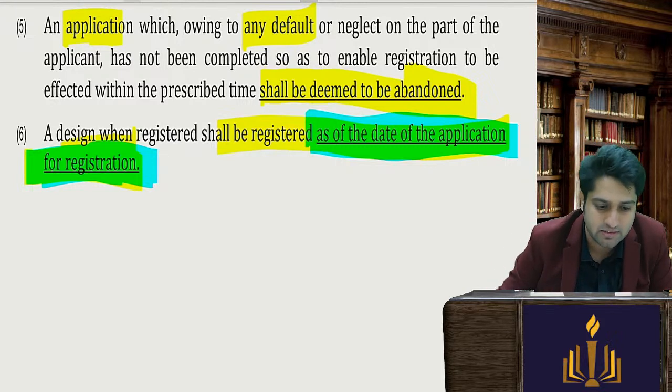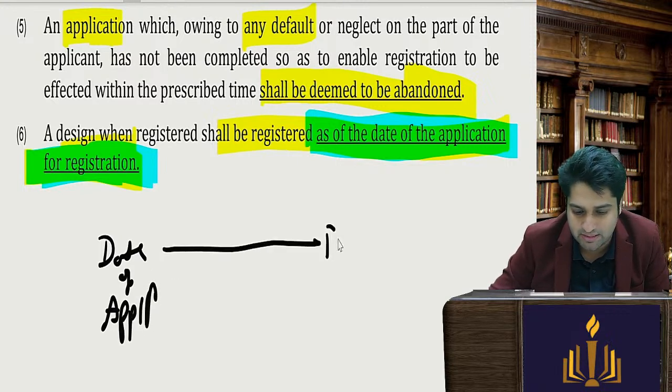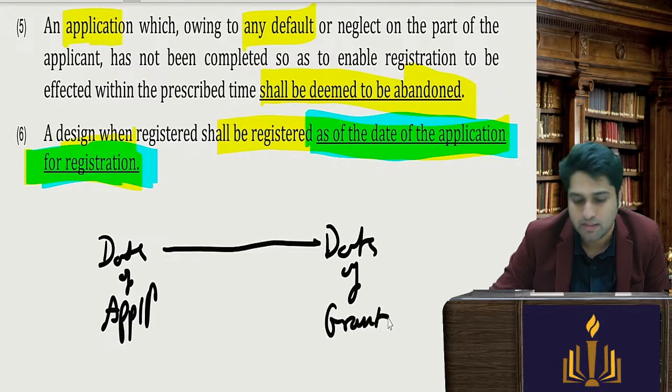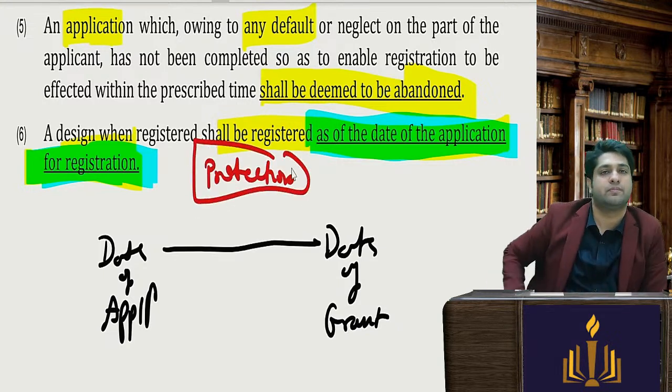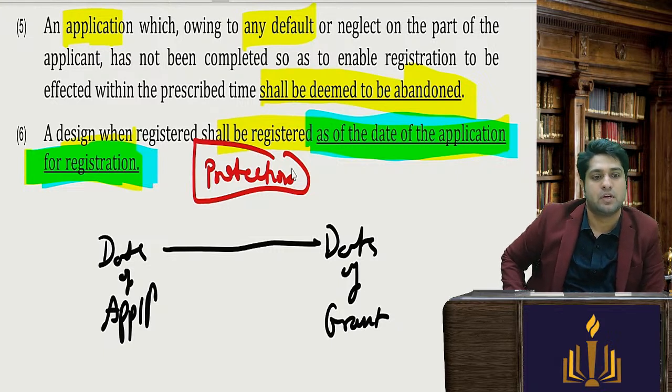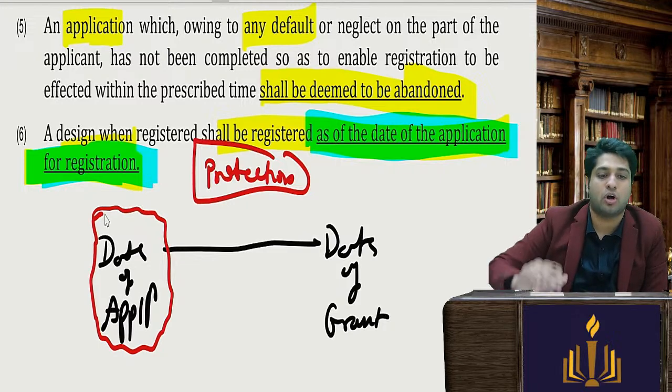See, this is the date of application and this is the date of grant. Can you tell me from which date protection will be given? So obviously it will be from the date of application and not the date of grant.